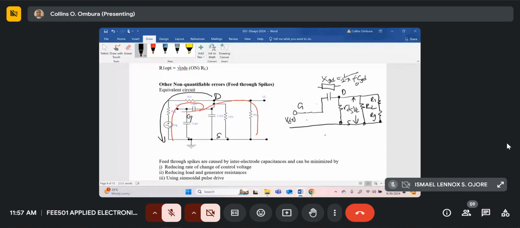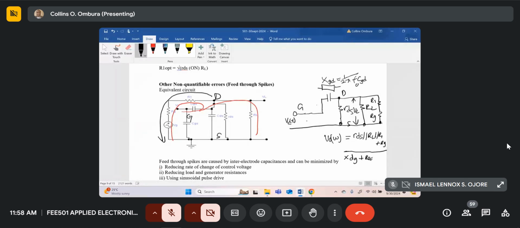So the voltage that appears at the output due to the switching only, for this one fundamental frequency, V naught due to switching spikes will be equal to the parallel combination of RDS in parallel with RL, in parallel with R1 plus RG, all divided by X_DG plus the parallel combination.